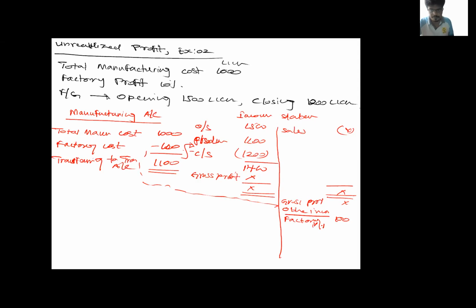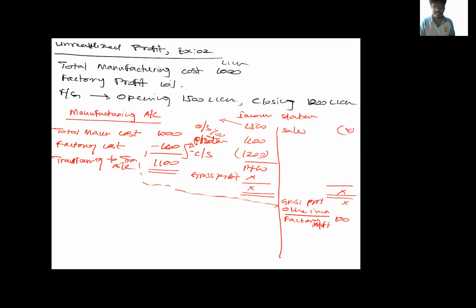Factory profit. Okay, now this is the thing. Now the thing is, here we are having some unrealized profit, and here we are having some unrealized profit. We noted that as 100, and closing stock also having some unrealized profit.